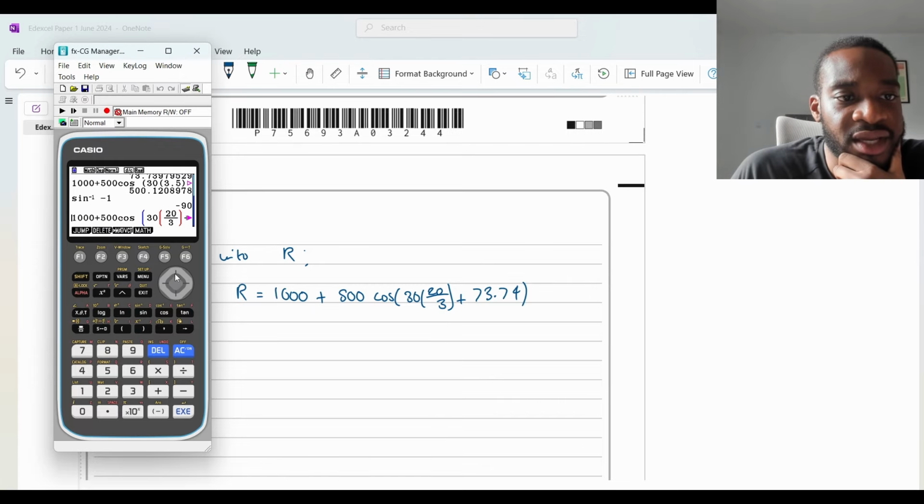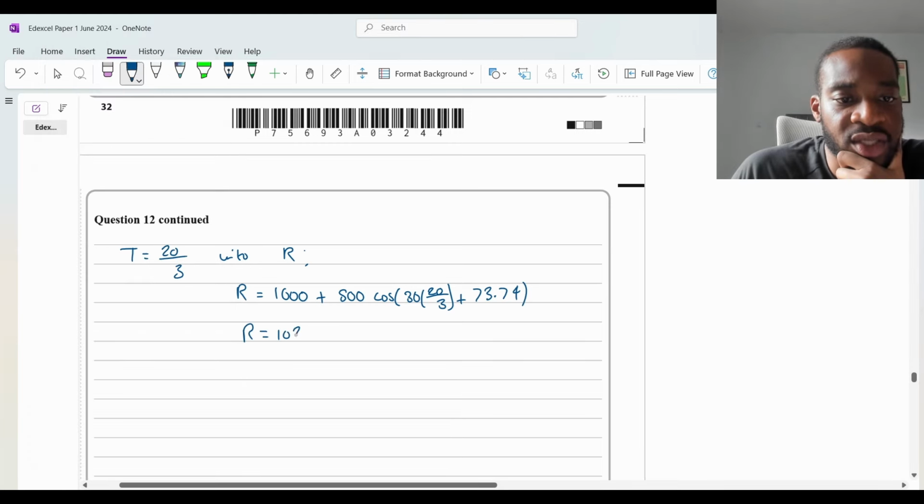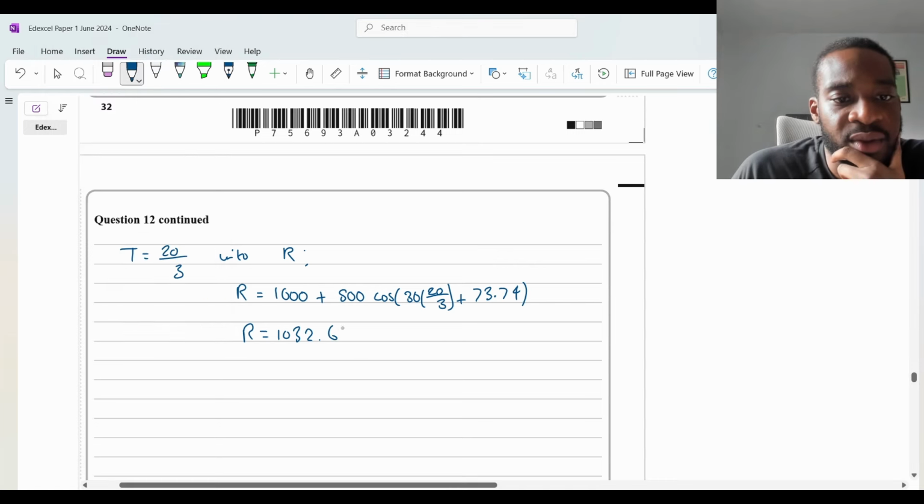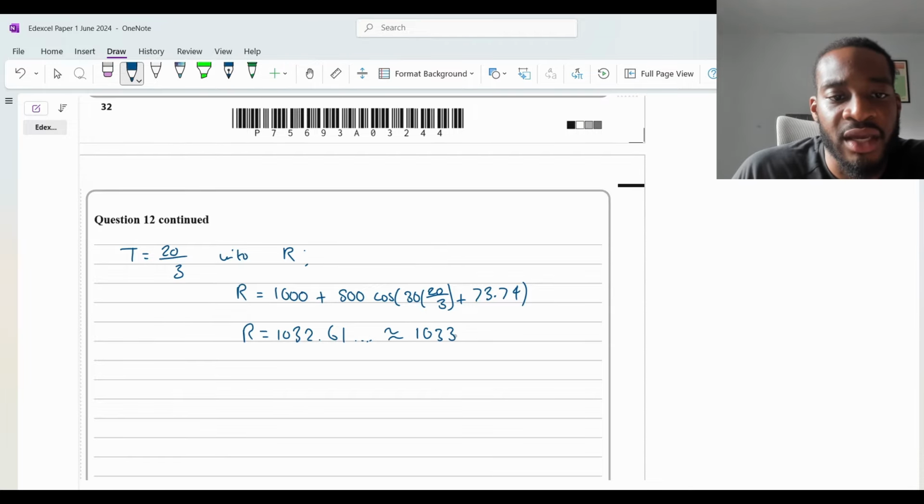Yeah, that looks good to me. Execute, we get 1032.61 and so on. Because it's a number of rabbits, we just round this to the nearest whole number. So 1033 rabbits.